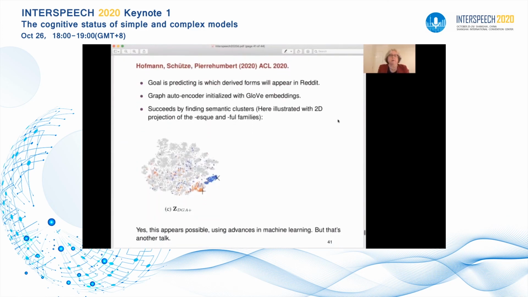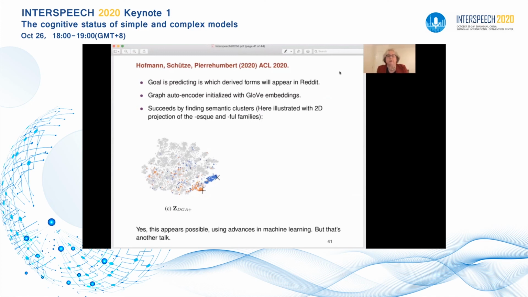Okay, so here is a study with Valentin Hoffmann and Hinrich Schütze, and it uses a modern machine learning method, a graph autoencoder, initialized with GloVe word embeddings. The goal is to predict which derived word forms will appear in Reddit. And you've already seen some very creative word forms.